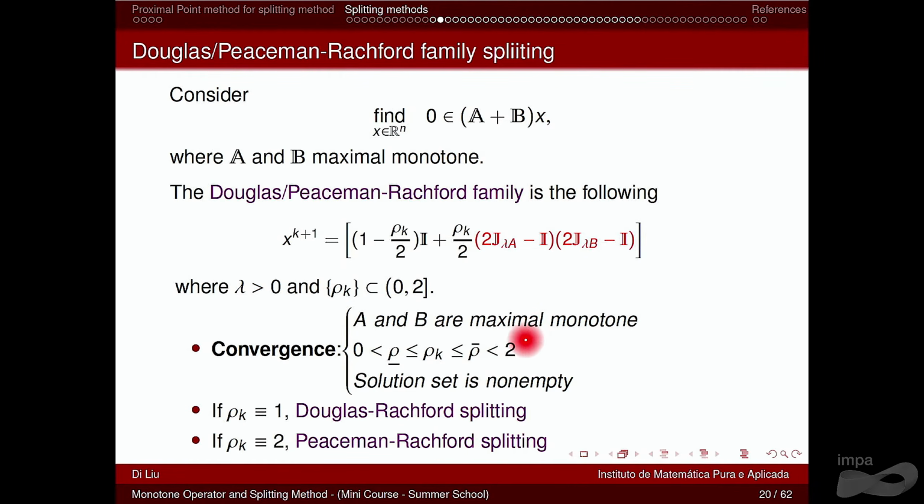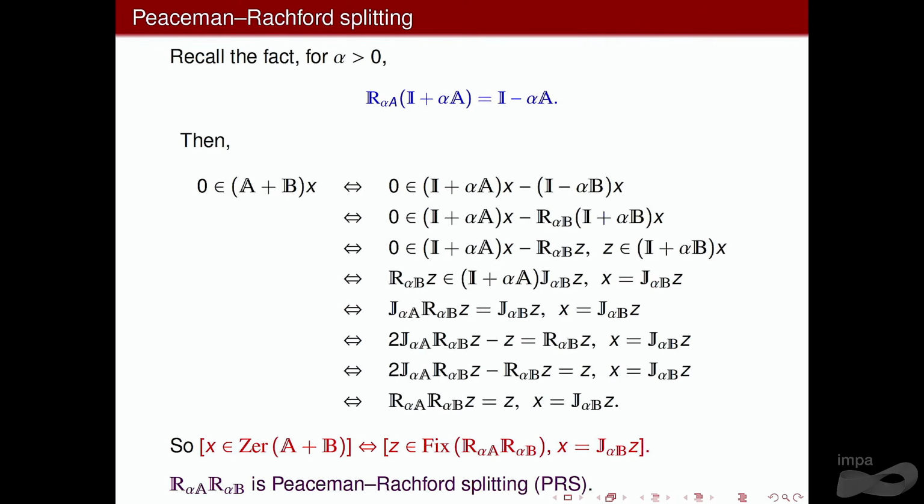So we can guess that if beta_k equals 2, which is the Peaceman-Rachford splitting, it may not converge by the result here. First, we analyze the Peaceman splitting.